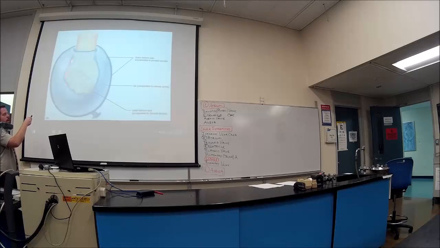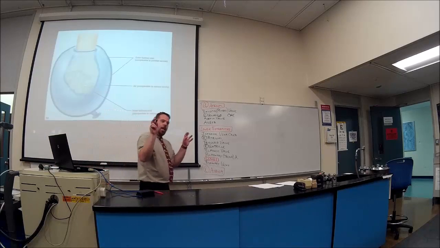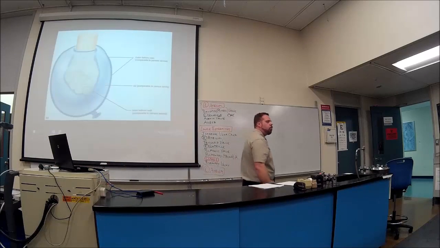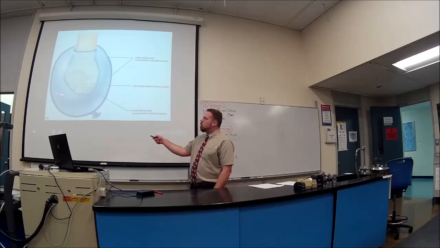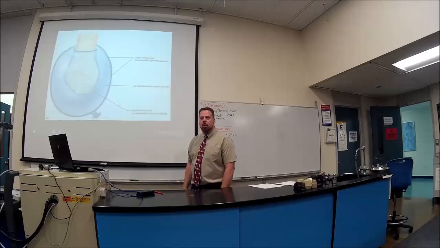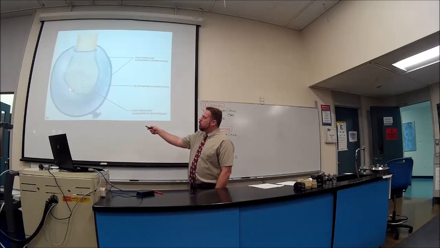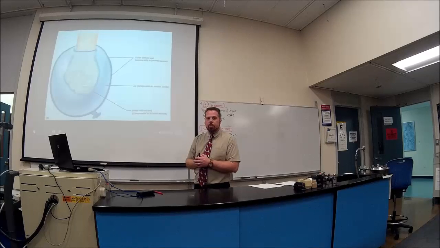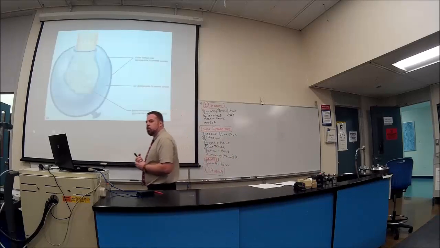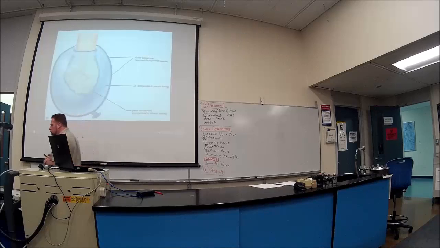That's the visceral layer. And then there's going to be an area over here, and that's the parietal layer. There is a potential space between the visceral and parietal layer. In this picture with the balloon, it's exaggerated. You won't see this space over there. In actuality, the visceral layer and the parietal layer are touching each other. But it's exaggerated so you can visualize it a little bit better.